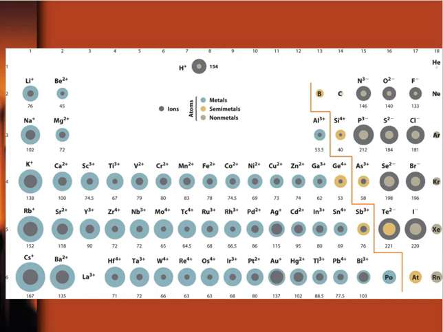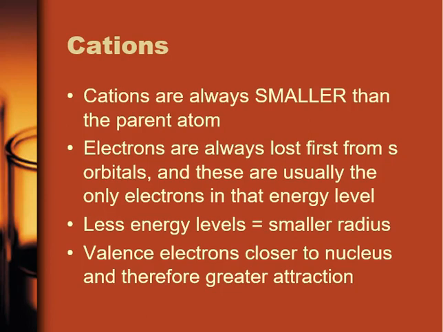The reason is because when a metal atom forms a cation, it's going to lose electrons, obviously. And it always loses those electrons from the outermost orbital, which is almost always an s orbital. That s orbital is usually the only orbital in that energy level, so in effect, it's lost an entire energy level.